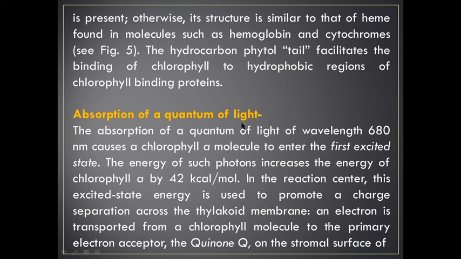Absorption of a quantum of light. The absorption of a quantum of light of wavelength 680 nanometers causes a chlorophyll A molecule to enter the first excited state. The energy of such photons increases the energy of chlorophyll A by 42 kilocalories per mole in the reaction center.